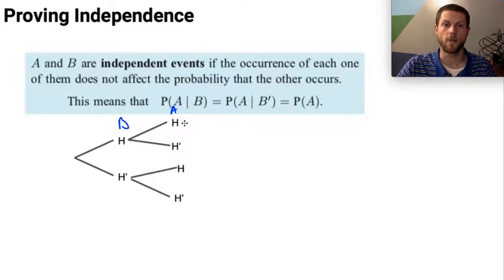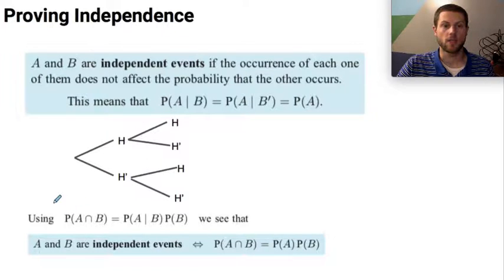So no matter what, this probability is 1 out of 2 for this coin flip, which is just the same as this coin flip getting a head, 1 out of 2. Doesn't matter what happened before this, I'm still going to have the same probability for this individual event, which is equal to the probability of A.